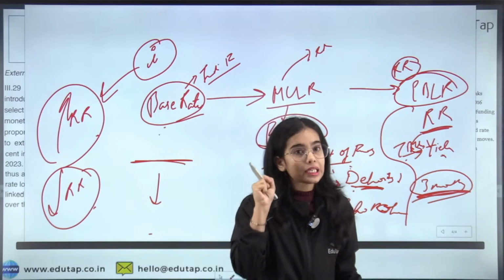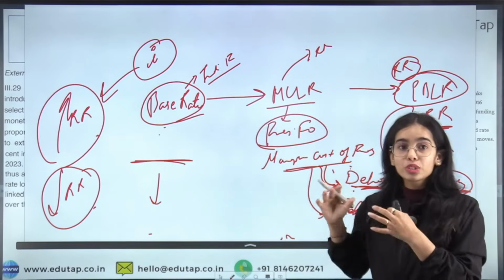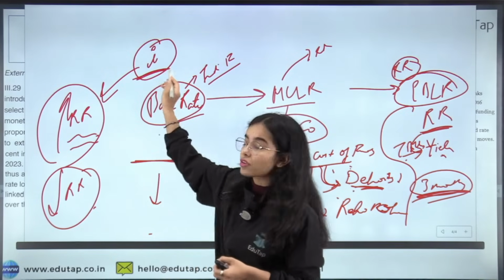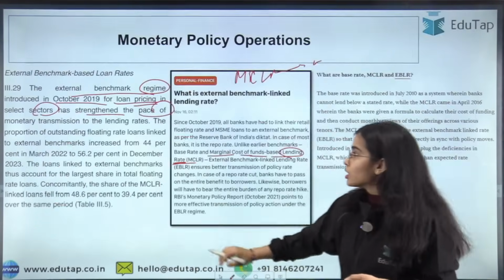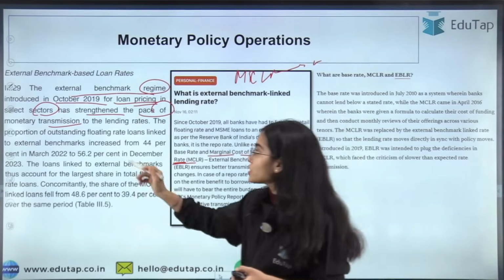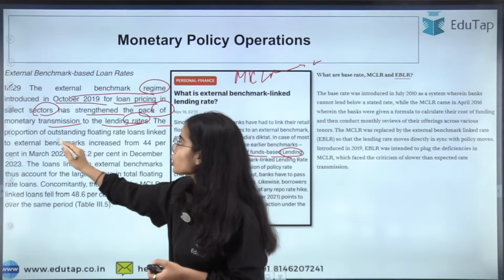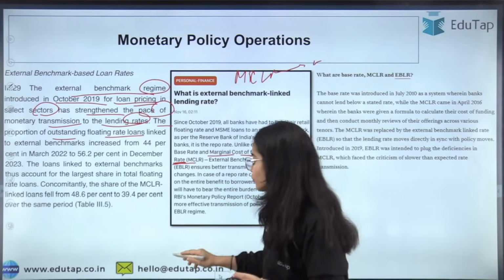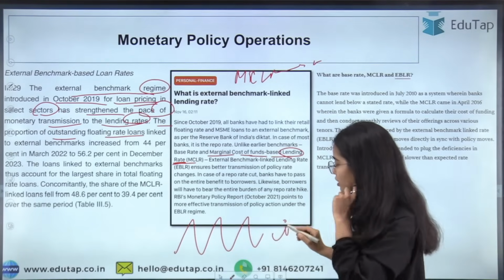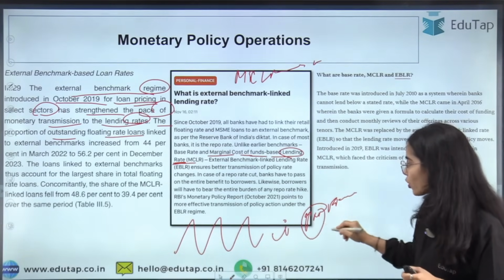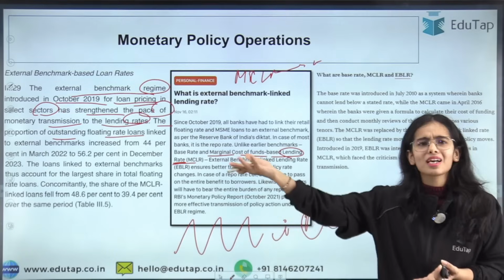So the RBI has become a little stricter to see the transmission of the change in the repo rate to the interest rate in the country. You can see that the pace of monetary transmission to the lending rates has increased, as has the proportion of outstanding floating rate loans linked to the external benchmark. There are fixed rate loans, and if the RBI increases the repo rate, it cannot change the fixed rates because they are fixed.